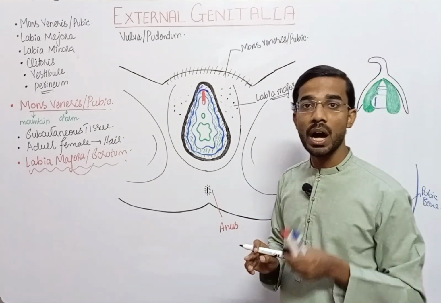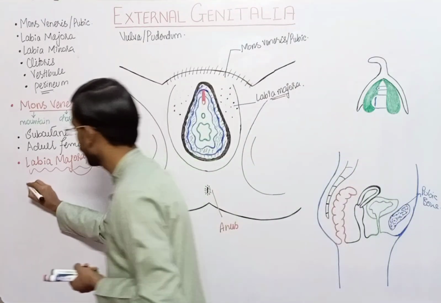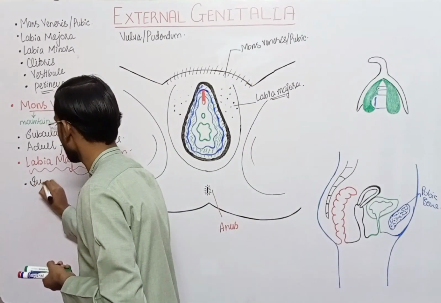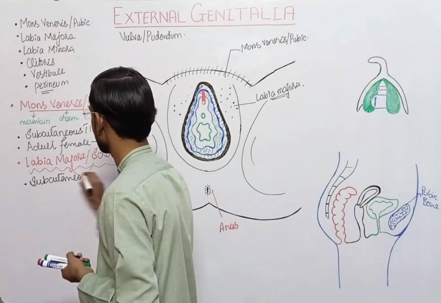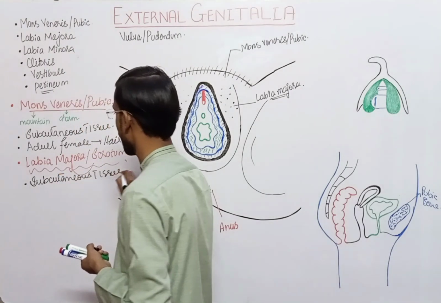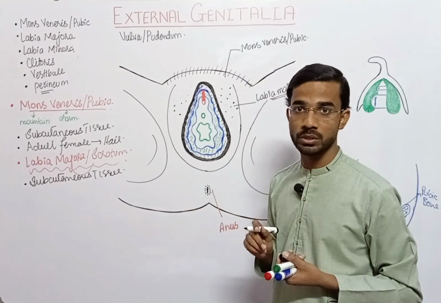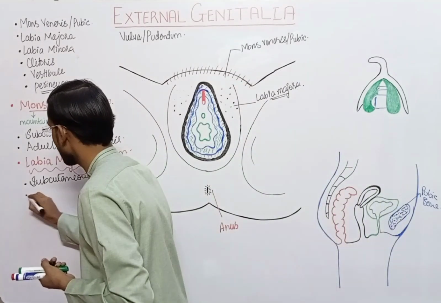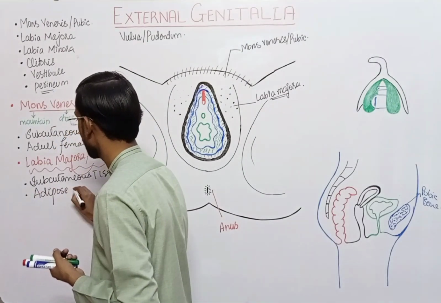The labia majora also contains a lot of subcutaneous tissue and a lot of adipose tissue.